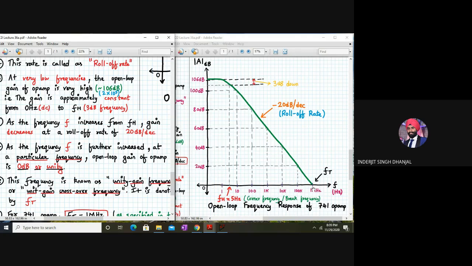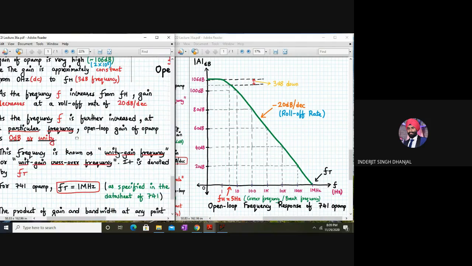Now you can check it out. 20 log to the base 10 of 1 will be 0 dB. So 0 dB corresponds to a gain of 1. This is marked over here. Whenever this green color line crosses the 0 dB x-axis, that frequency is called fT.